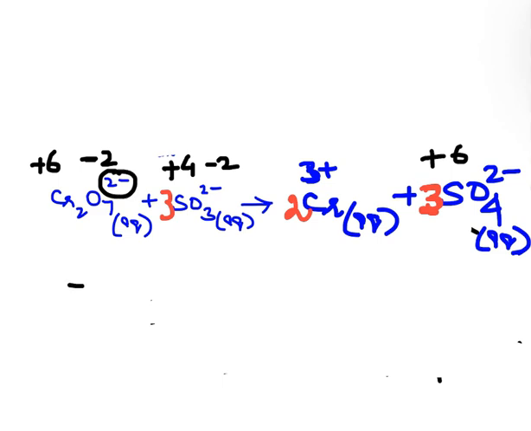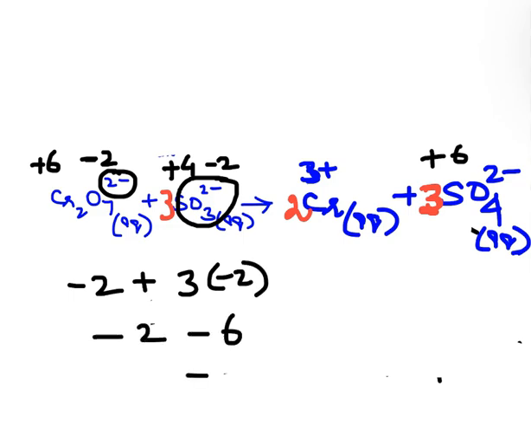Minus 2. What is it in SO3 2 minus? Again, minus 2. Minus 3 into minus 2 is minus 6. So you have a minus 2, so it is minus 8 on the left side.